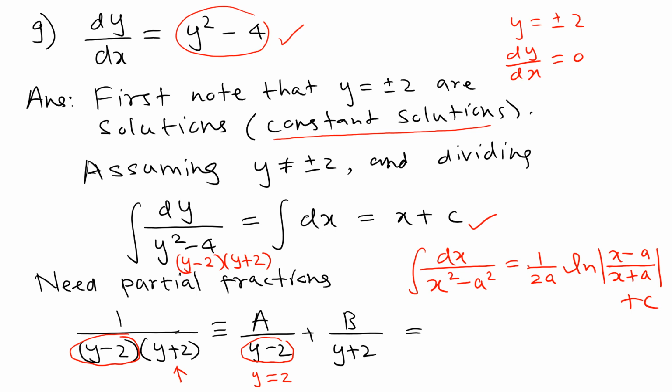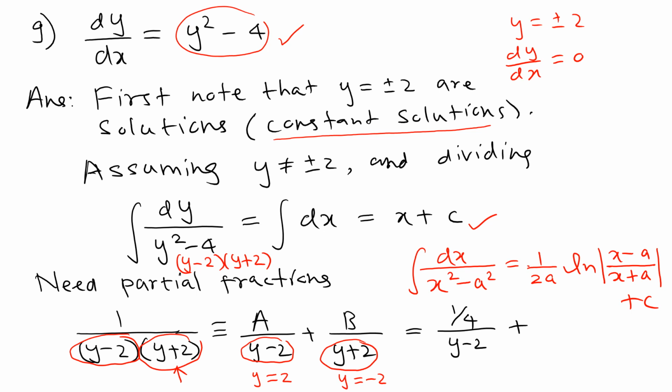So it's 1/4 over y minus 2. Similarly, to find b, we cover up the other factor of the original, and for the rest, we plug in the zero, which in this case is negative 2. If you do that, you get negative 1/4.